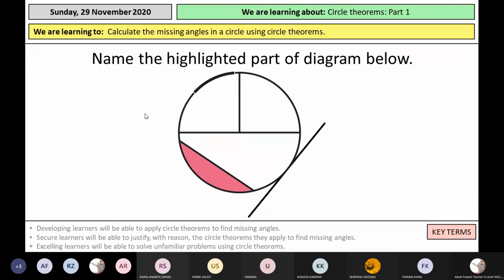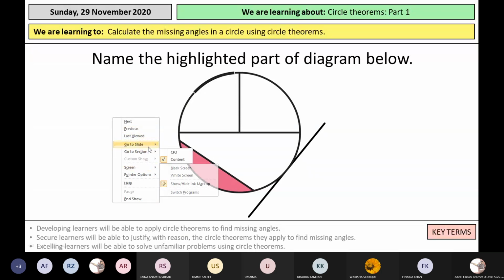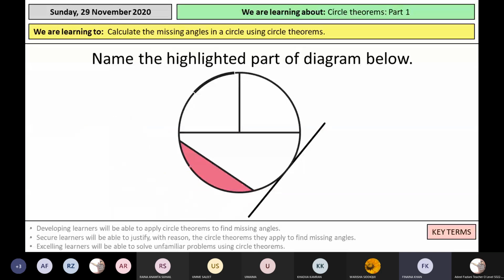Now, what about this? Okay, now it changed. This one. All right. This line is said to be what? Chord. All right.